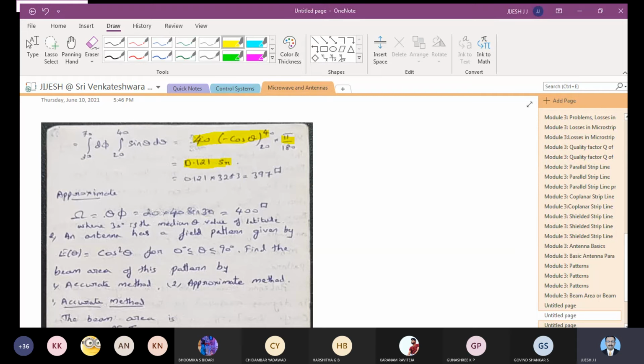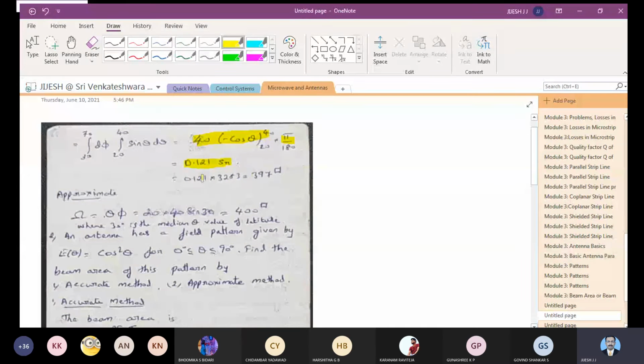Then convert it into square degrees. Have you got that answer? You have to multiply to make it square degrees: 0.121 multiplied by 3238, and you'll get 397 square degrees.